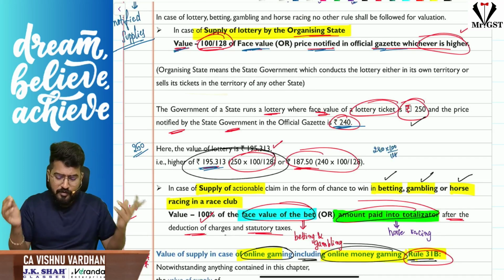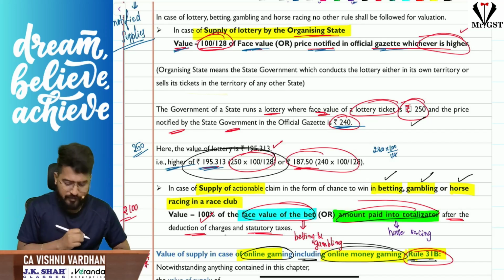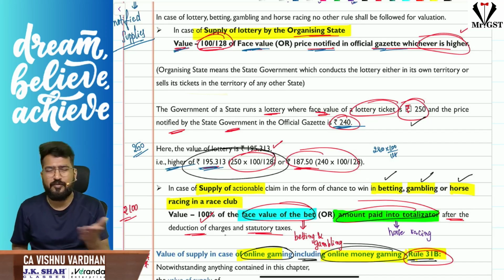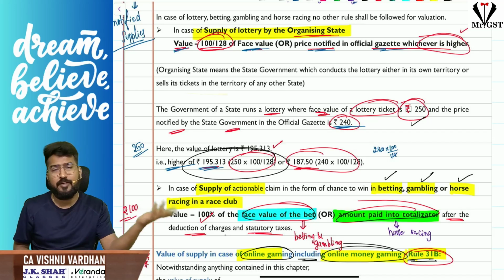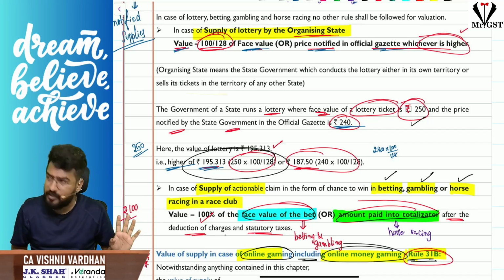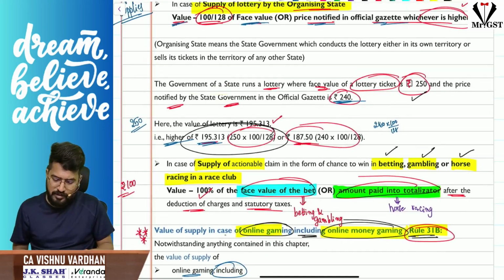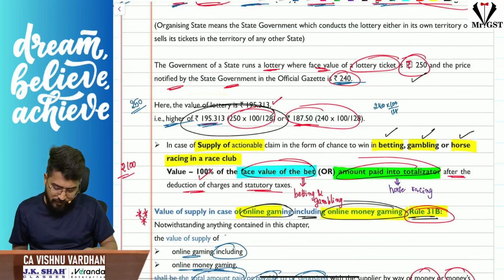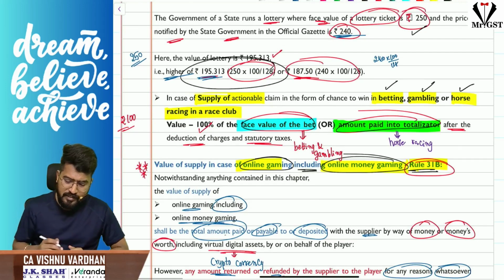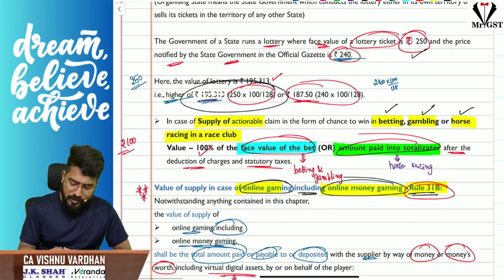That we will check, whichever is higher. Obviously 250, 240, whichever is higher, 250 into 100 divided by 128 will give you the value. Hope it is clear for you. Okay, so this is the next part, a simple one, rule 31A. Sir, that is for lottery, yes.